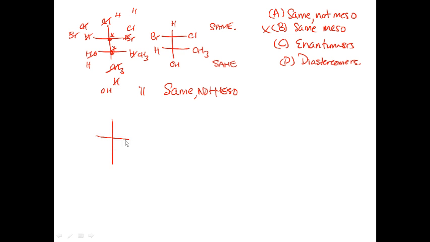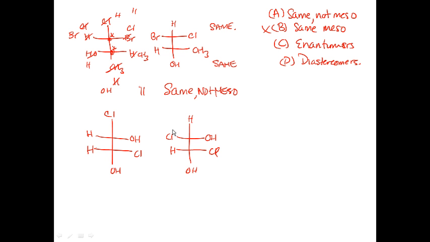Okay. Now let's look at a molecule where there is the possibility of meso. So how about these two molecules?